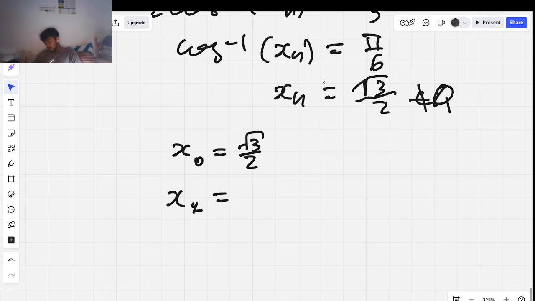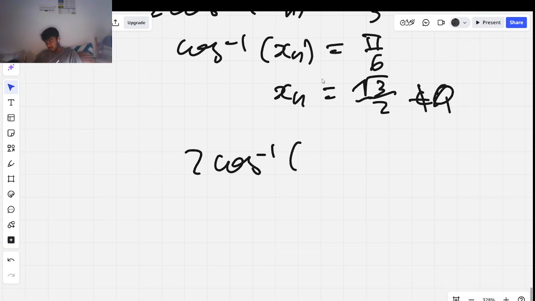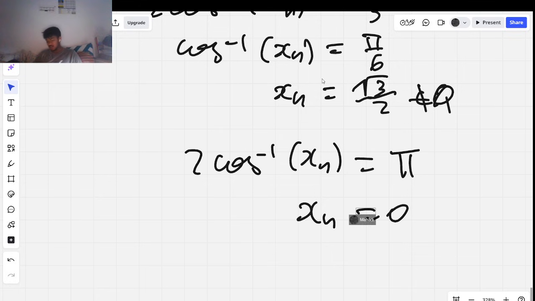So what other values can I make these equal to? I can say 2 arccos x_n equal to, let's say, pi. That means x_n must be 0. I don't like this. If I have pi by 4, then I have root 2 over 2, which is also irrational.